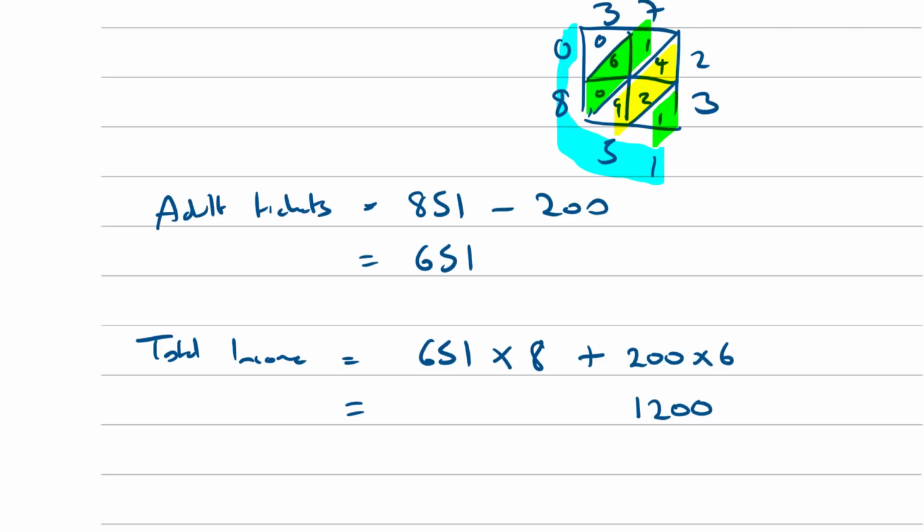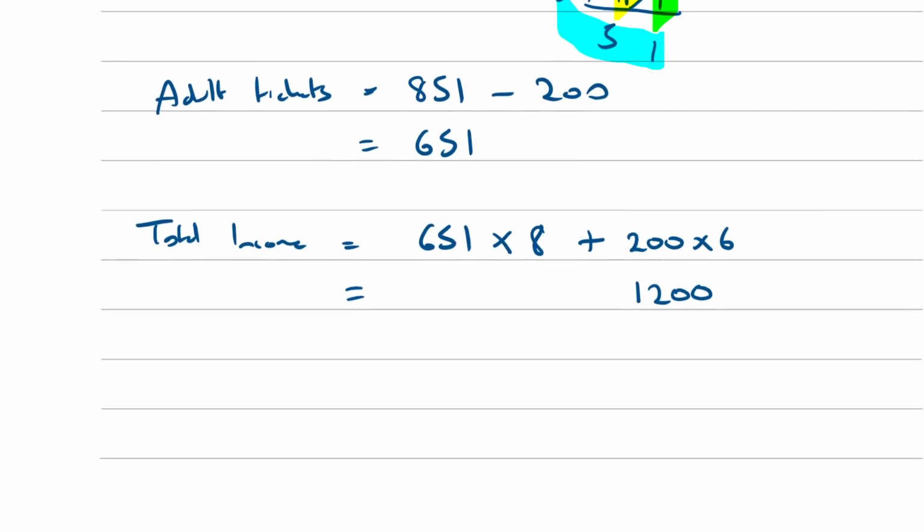Again, I can use the Napier's bones method. So this is a 3 digit by 1 digit grid. So 651 times 8. So 6 8s are, what, 48? 5 8s are 40. 1 8 is 8.